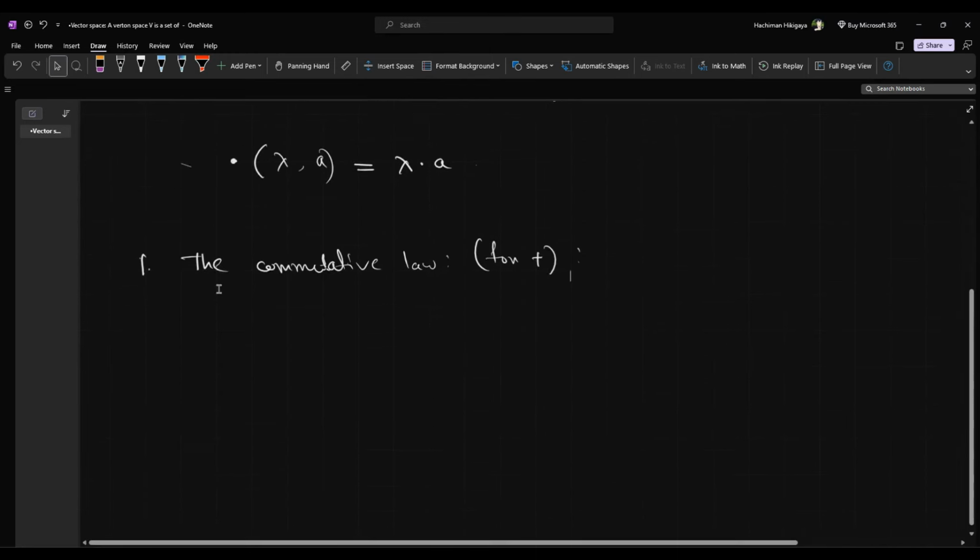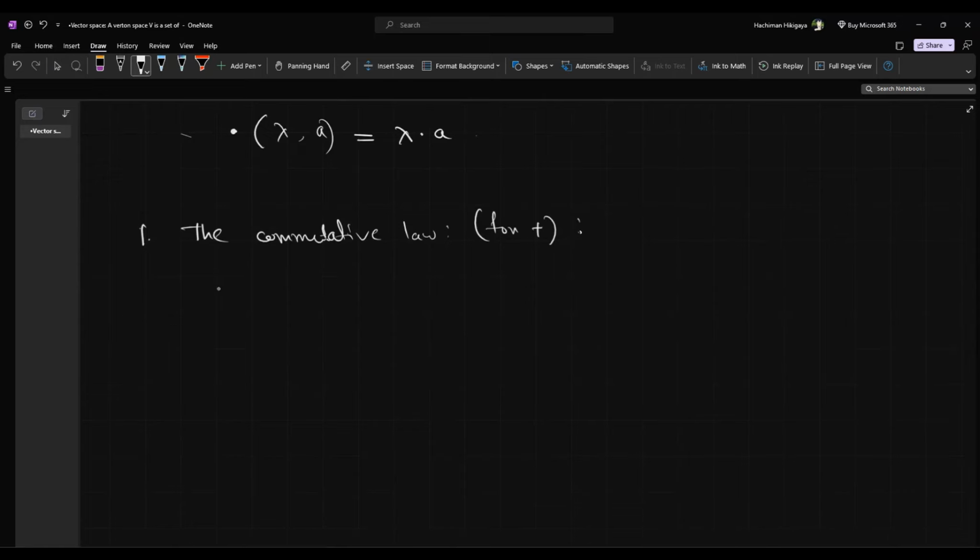If I have two elements v and w from our vector space V, then the commutative law says v plus w is the same as w plus v.